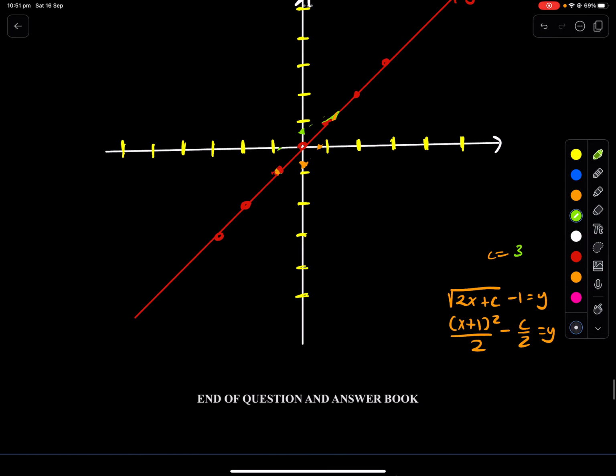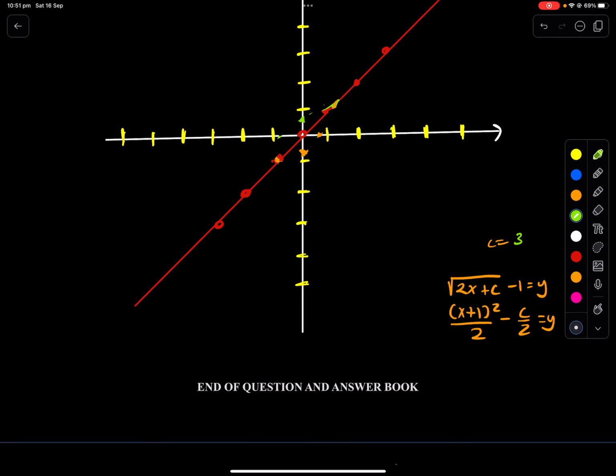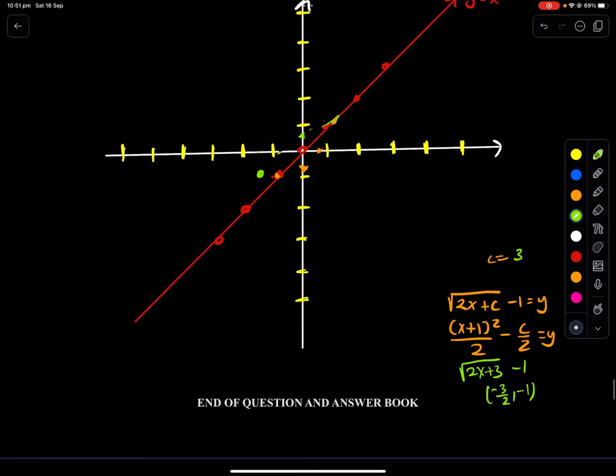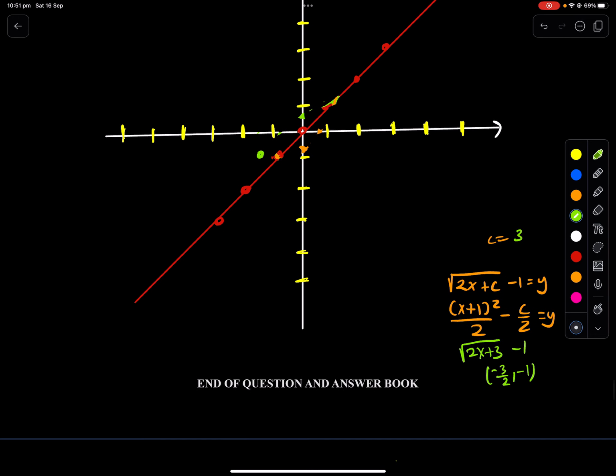So when c equals 3, what happens? Well, we just have to draw 1. So 2x plus 3 equals minus 1. So negative 3 on 2, negative 1, so it'll be over here, around this point over here.